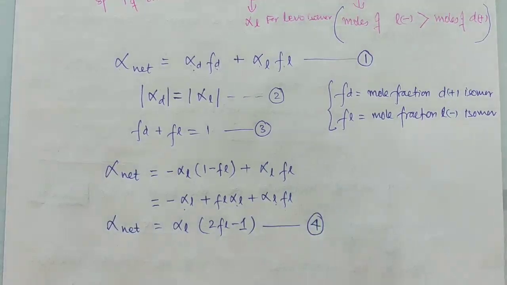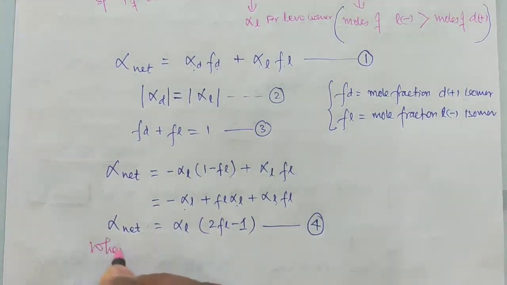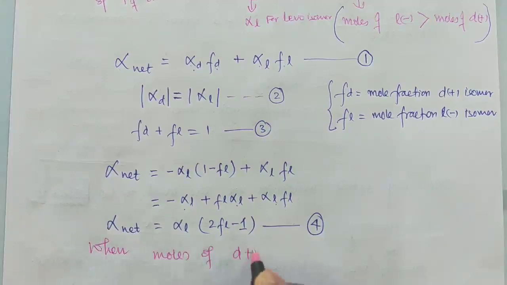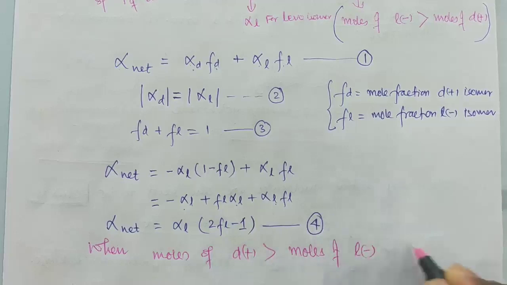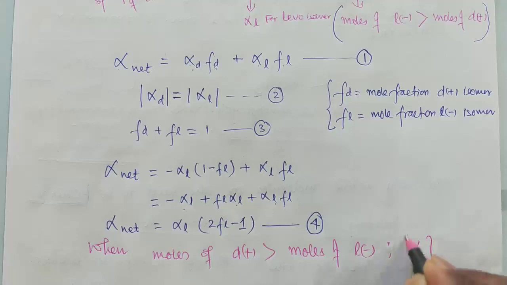So alpha net equals alpha L times 2FL minus 1. This is equation 4. One more equation you can transform in the same way when moles of D plus are more than the moles of L minus. Then alpha net is positive.